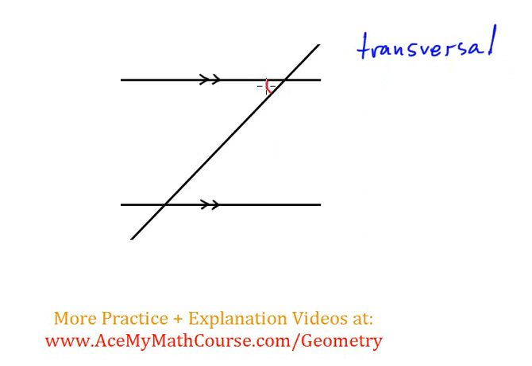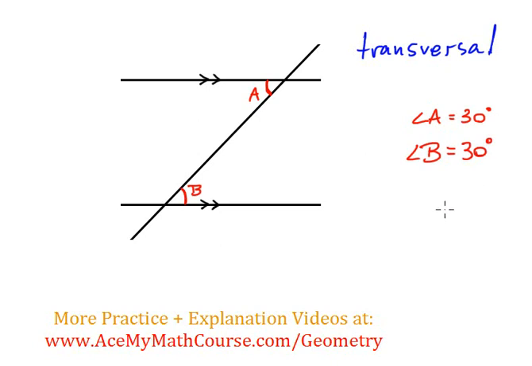So let's say that I tell you that this angle measures 30 degrees. Let's call it angle A. So angle A measures 30 degrees. Right away, I can tell you that this angle right here will measure the same. I'm going to call that maybe angle B. It also measures 30 degrees.